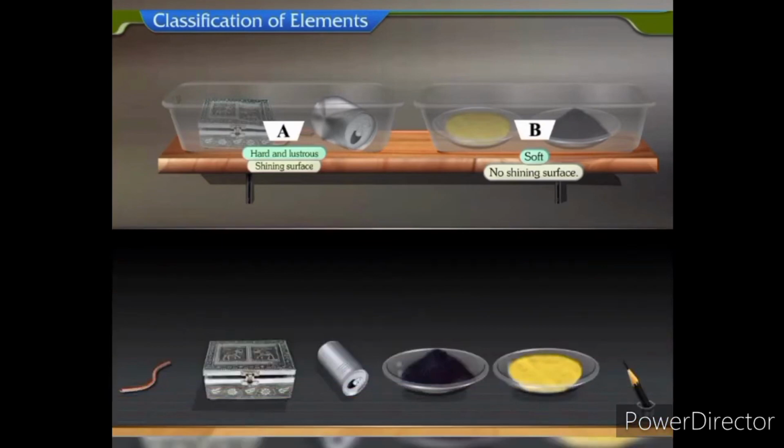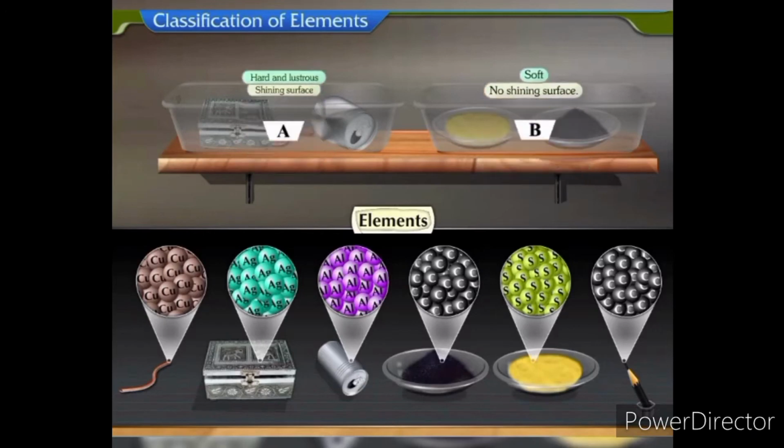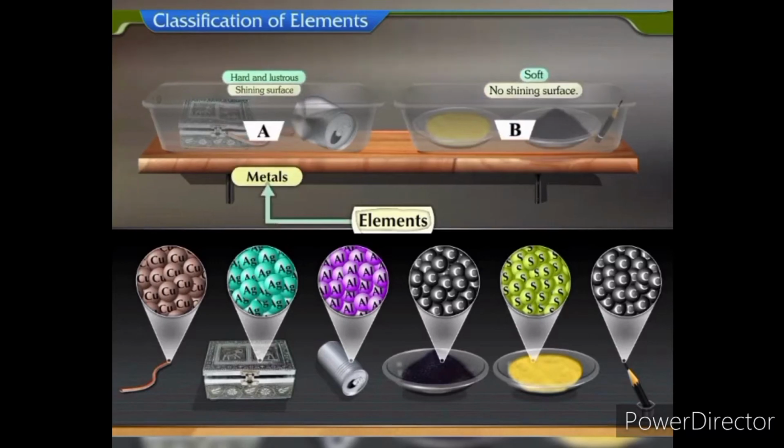We know that substances are made up of elements. Elements can be broadly classified into two groups, depending on their characteristic properties. Metals and non-metals. Generally, metals are hard and lustrous.